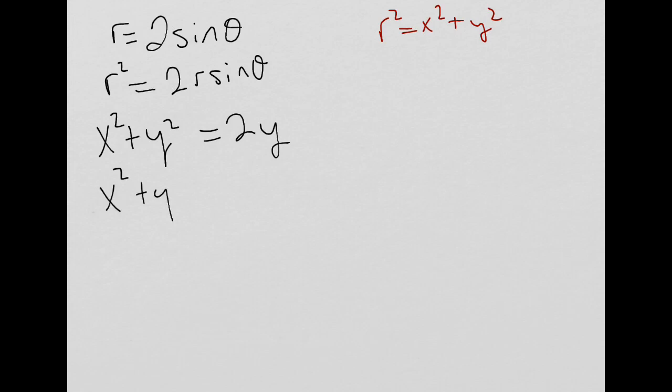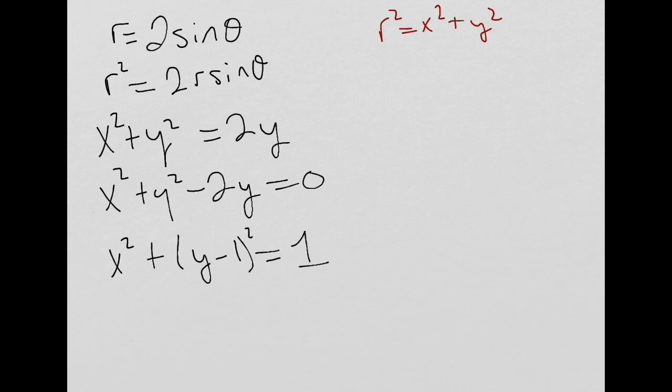x squared plus y squared minus 2y is equal to 0. And if you go ahead and complete the square for y, what you end up with is x squared plus y minus 1 squared equals positive 1. Now this should look familiar. You've got an x squared term, you've got a y minus 1 squared.